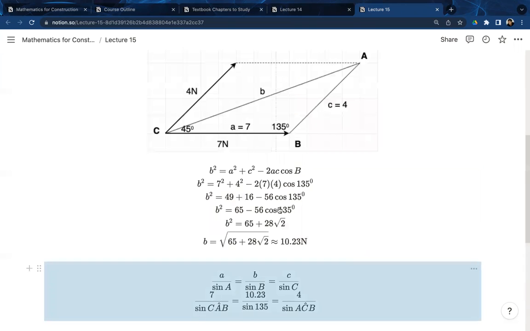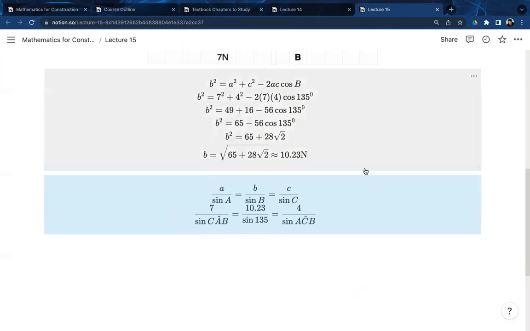Right, so 7 over sine CAB is equal to 10.23 over sine 135, which is equal to 4 over sine ACB. So we just want to find ACB, so we're concentrating on these two here.